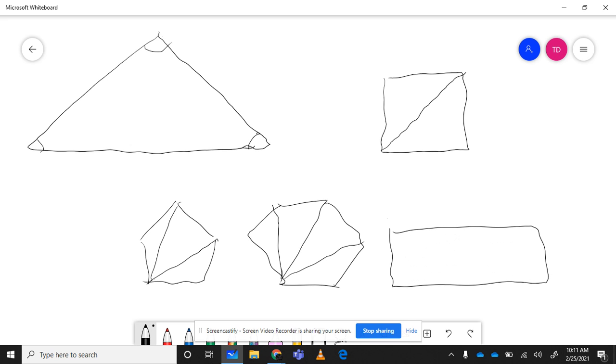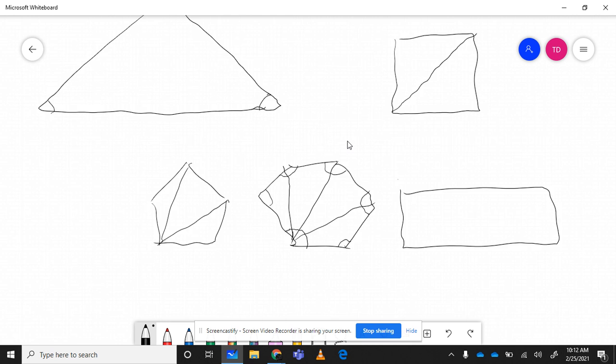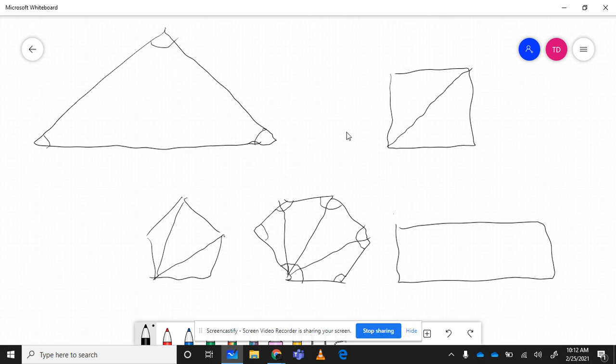So for example, if we're looking at this hexagon, and we want to know what the interior angle measurements of a hexagon are, then it's just going to be all the angles of these four triangles, right? There are no angles that are not on the inside edge. So all of these are the ones that we want. With a hexagon, we've got four triangles that are 180 degrees apiece. With a pentagon, we've got three triangles.